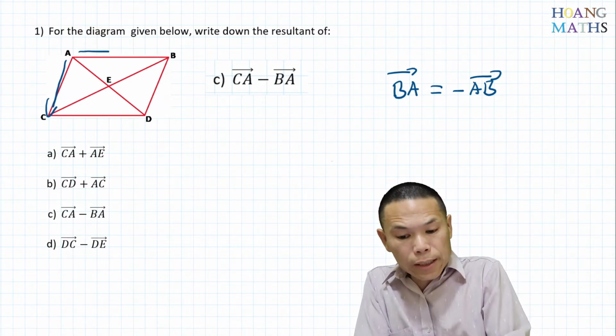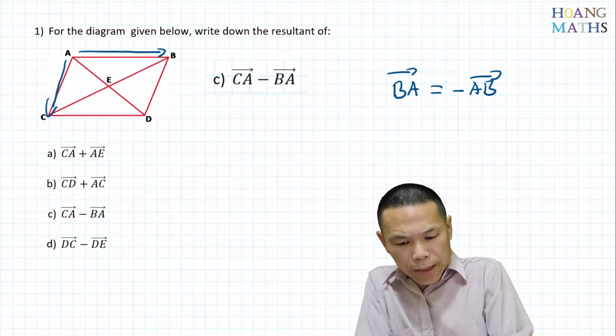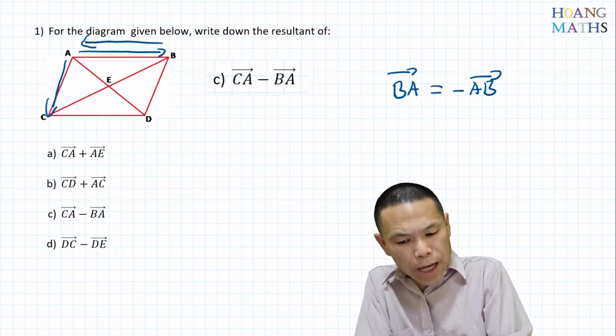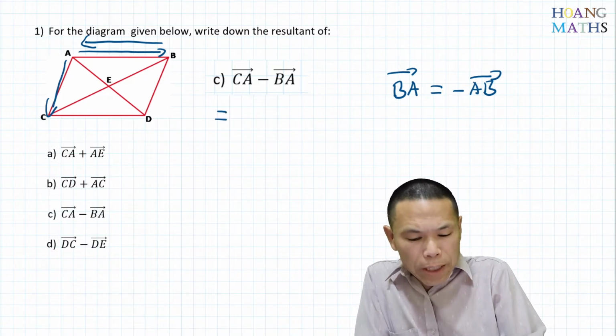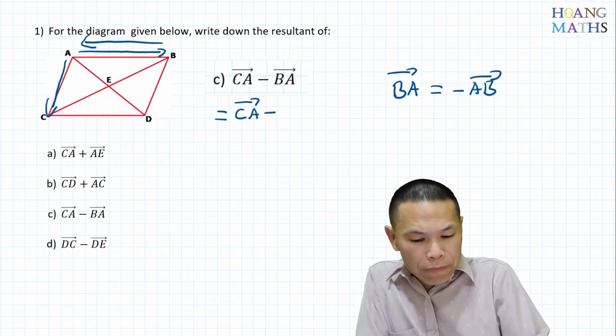So IB is equal to negative BI, opposite directions. So this becomes CI minus vector negative IB.